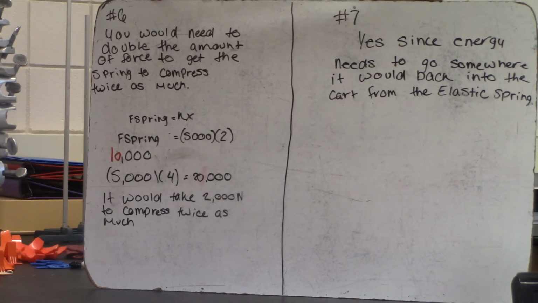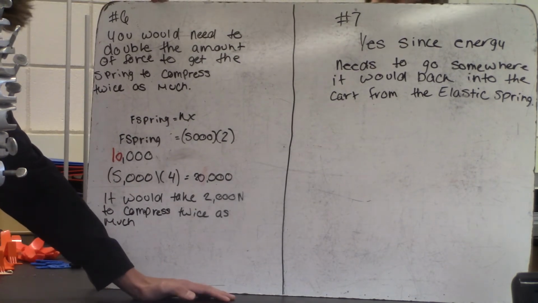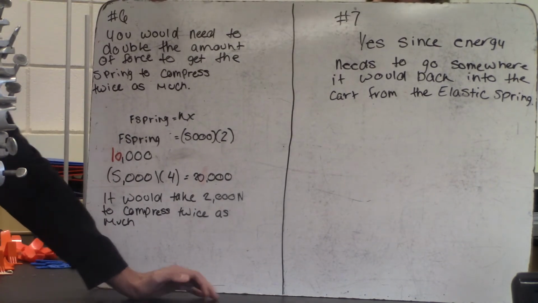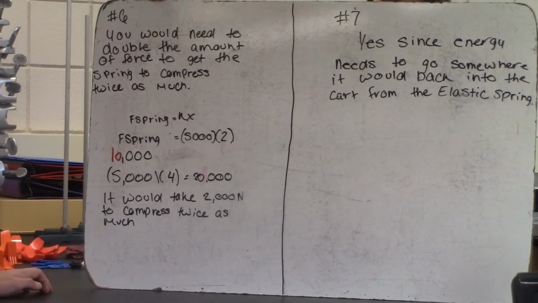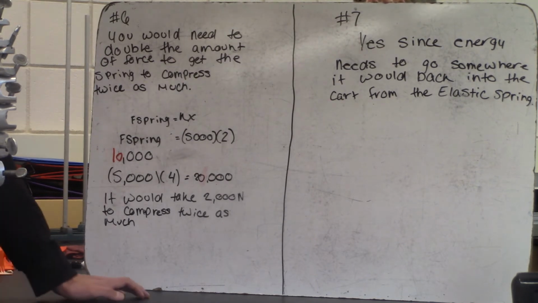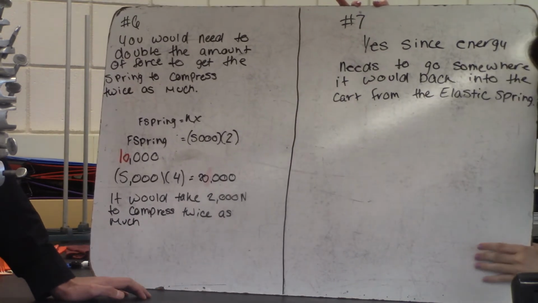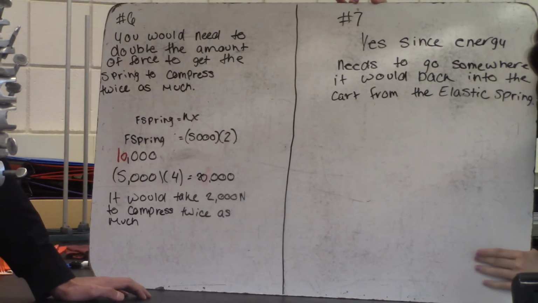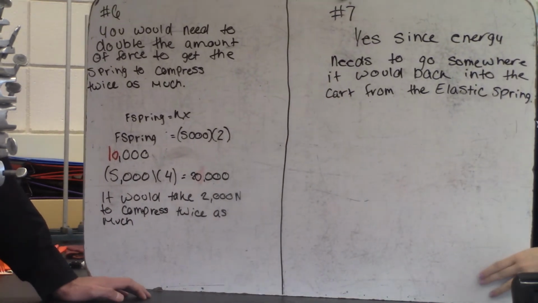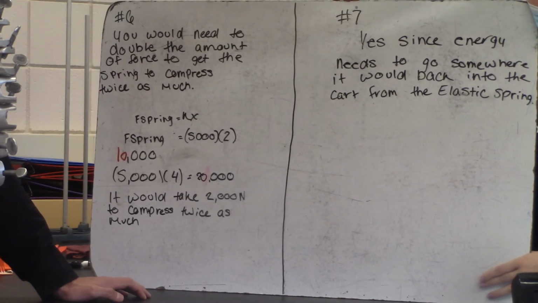What does 7 ask? While bringing the cart to a stop, does the spring do work on the cart? And we said, yes, since energy needs to go somewhere, it would go back into the cart from the elastic spring. Oh, that's really interesting. If you think about going in and coming out, we're thinking about just going in. So what's the energy situation right before the cart hits the spring?